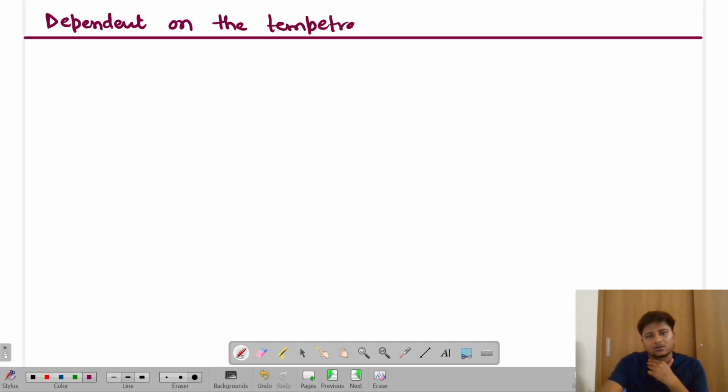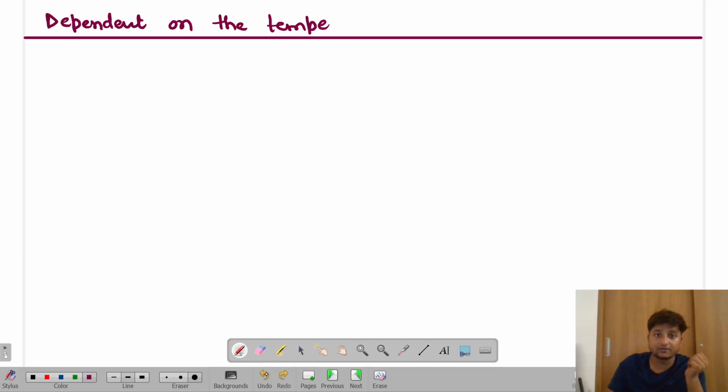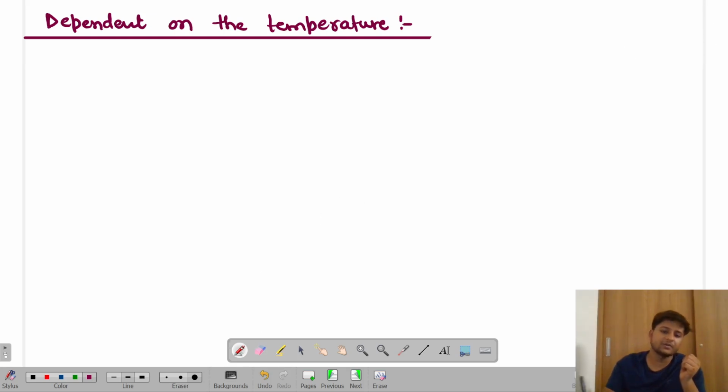Dependent on temperature. Many people think that resistivity does not depend on temperature, but that also depends. Resistivity depends. Our resistance also depends.